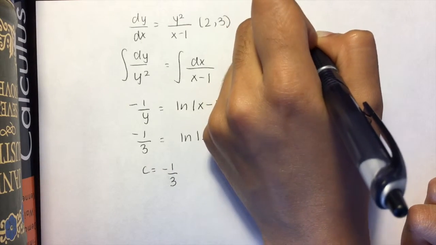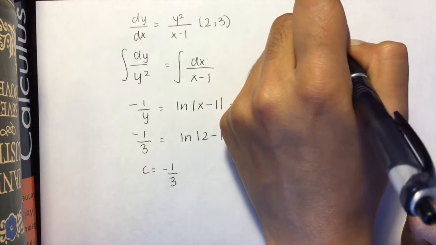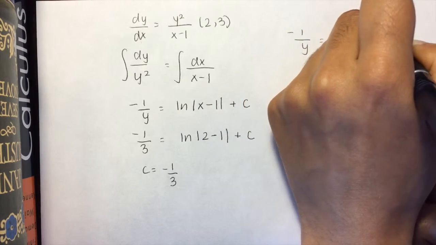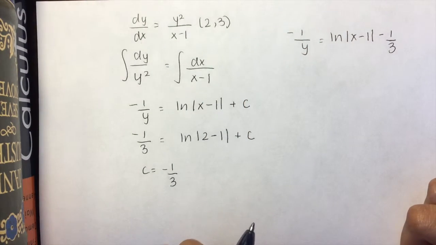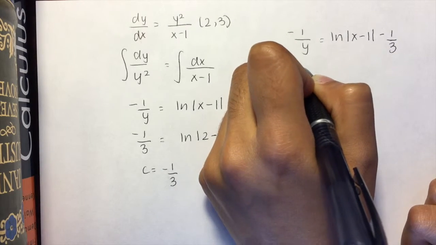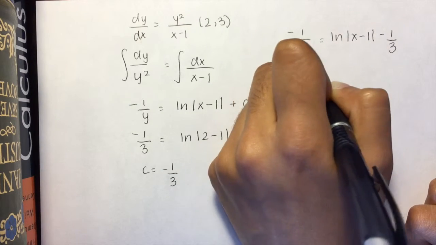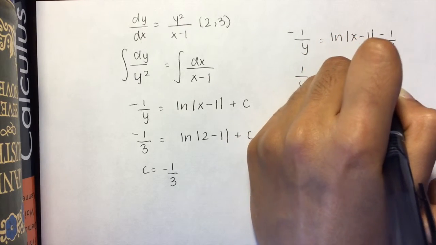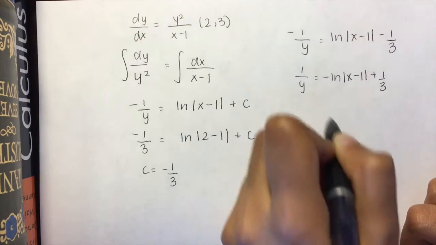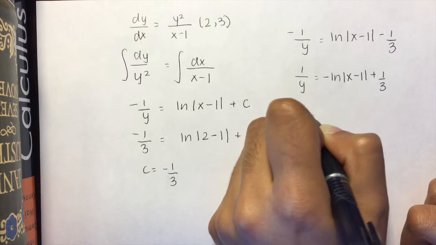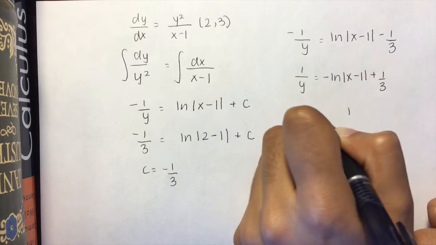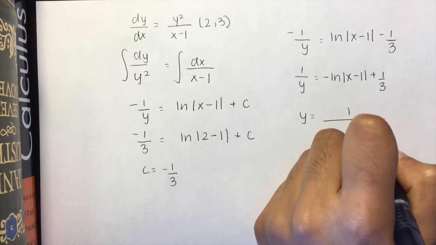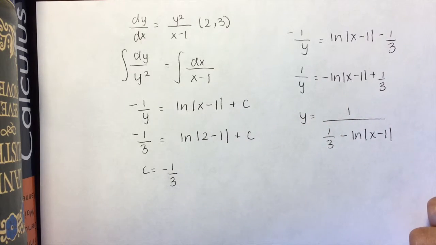We plug c back into the equation, and then solve for y. Our equation comes out to be y equals 1 over (1/3 minus ln absolute value of x minus 1).